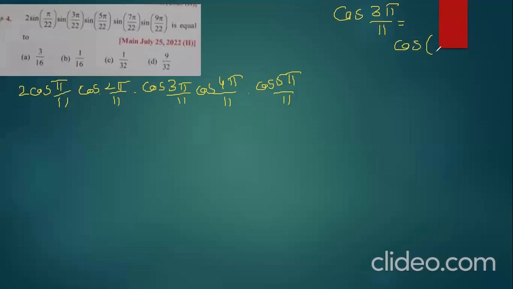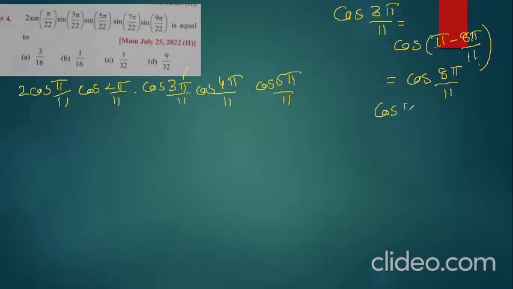Any idea? Cos 3 pi by 11 can be written as cos of, the denominator is going to be 11, right? 11 pi, I have to get 3 pi. 11 pi minus 8 pi is 3 pi. So can I write this as cos 8 pi by 11? Cos of pi minus 3 pi by 11 is cos 8 pi by 11. So instead of cos 3 pi by 11, I can write cos 8 pi by 11.